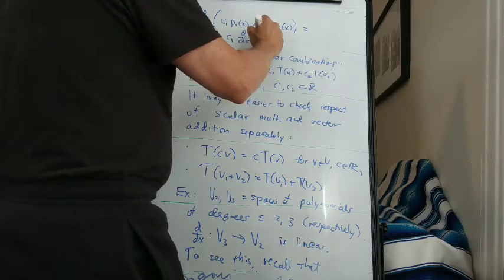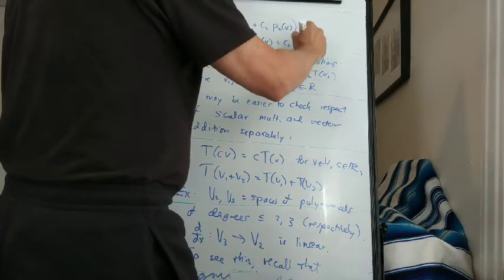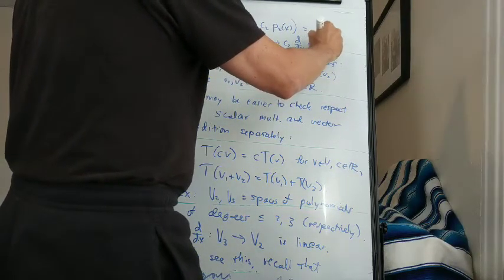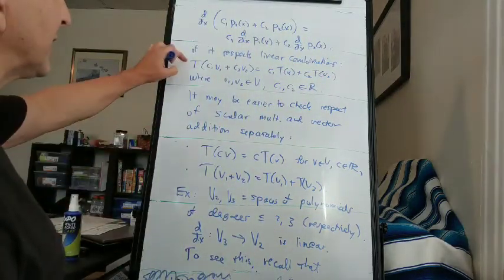So c1 times the derivative of the first polynomial plus c2 times the derivative of the second polynomial. That was pretty easy. We could check everything at one time.